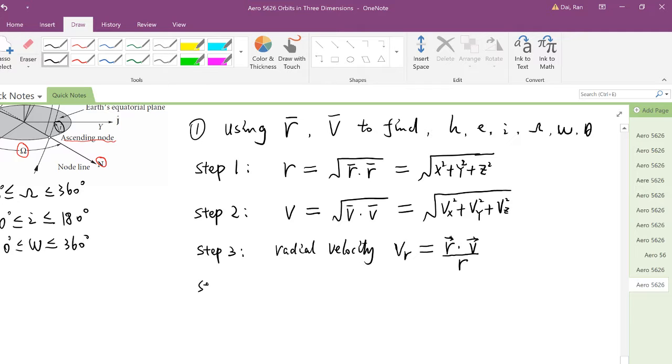And step 4, we are going to calculate the angular momentum, which is very straightforward. We just use r cross v.